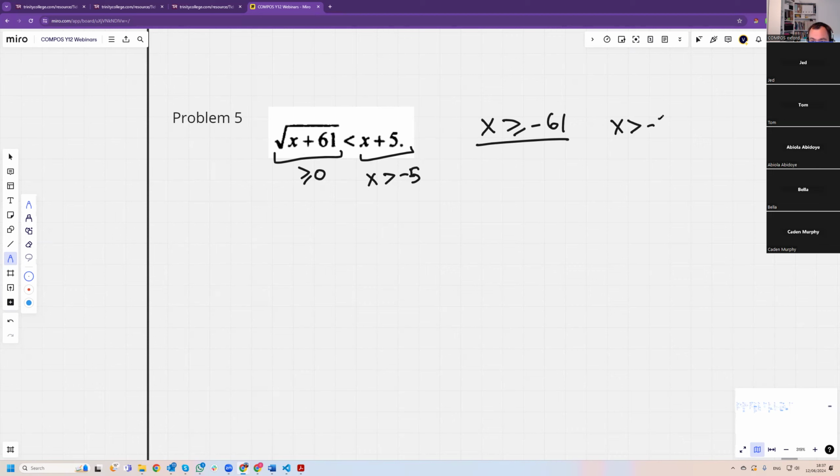X has to be greater than -5. Does everyone understand? So the left-hand side is non-negative. And the right side has to be greater than that positive number. Therefore, x plus 5 has to be greater than 0 as well. And therefore, x has to be greater than -5.